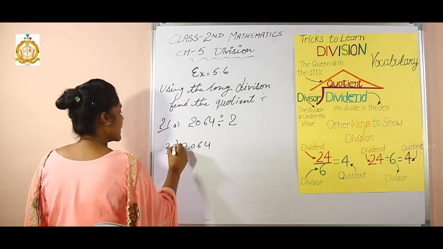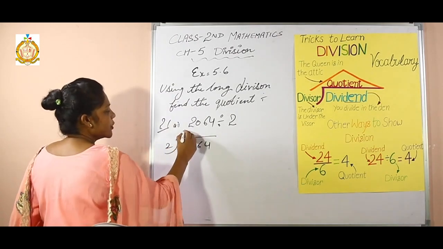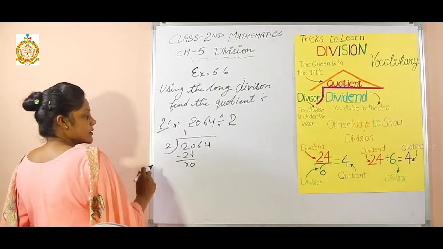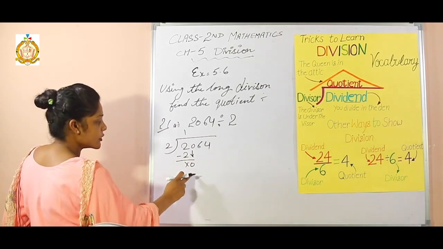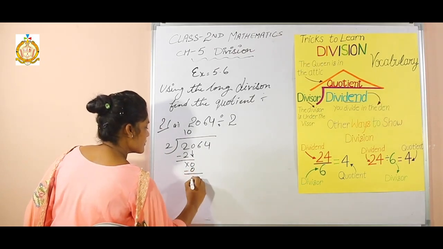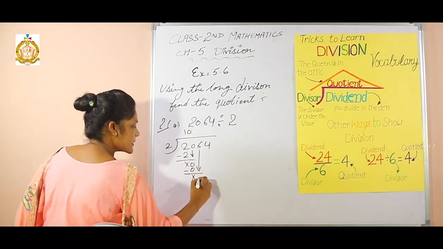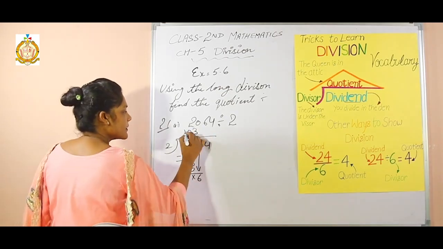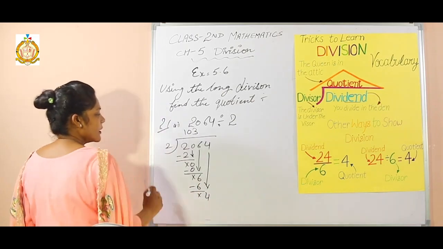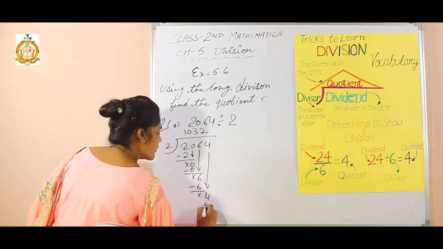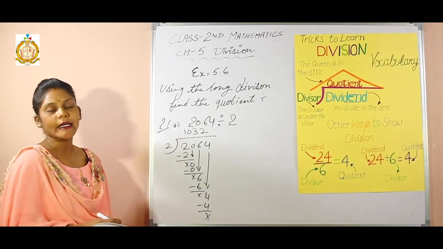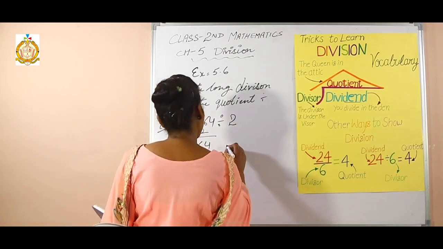So here 2 1s are 2. What comes down? 0. According to the table of 2, 0 is mentioned, so you also put 0 here. What comes down? 6. 2 3s are 6. And last 4. 2 2s are 4. Clear everyone?